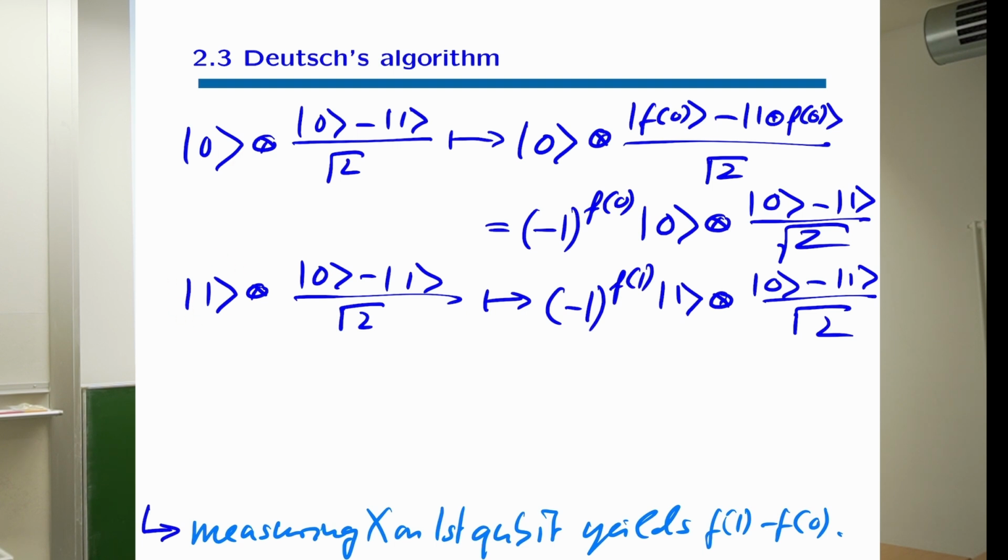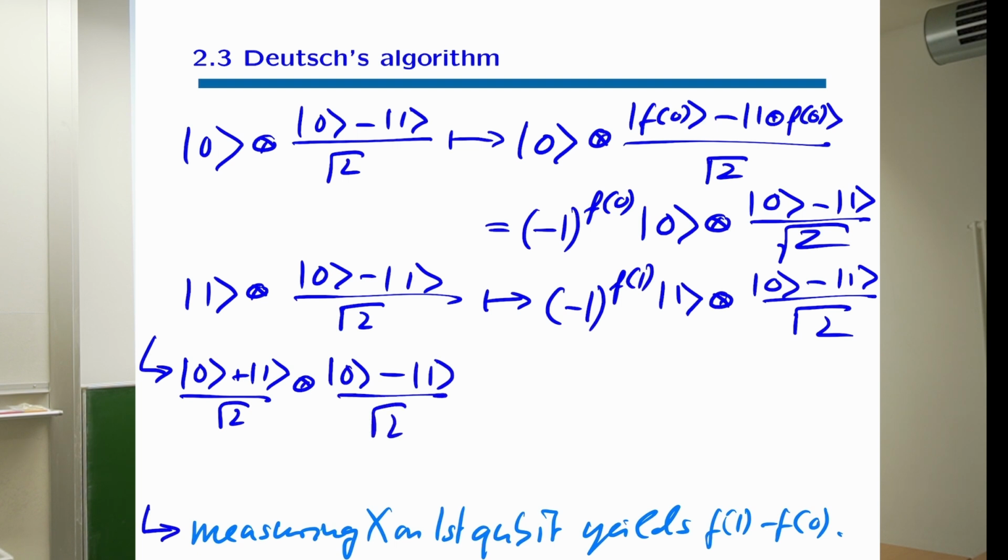But we're now querying it for the superposition 0 plus 1 in the first qubit register. And quantum mechanics is linear, so what's going to happen here is already given to us by what's happening here, by linearity. So we just have to collect the terms.